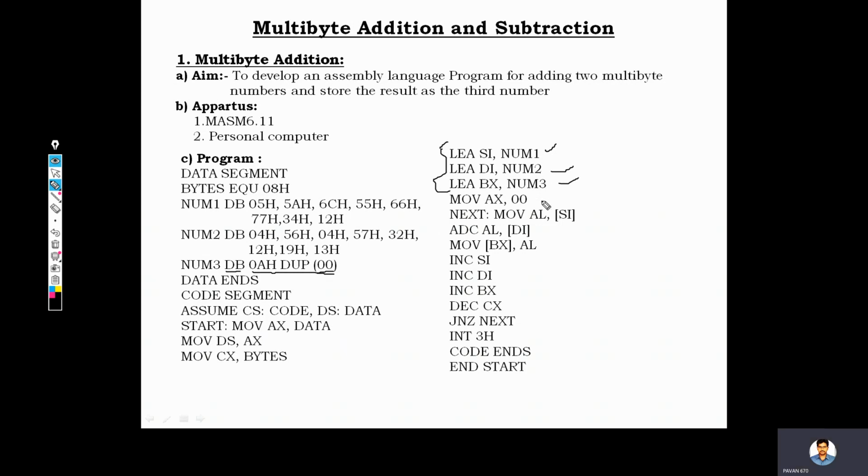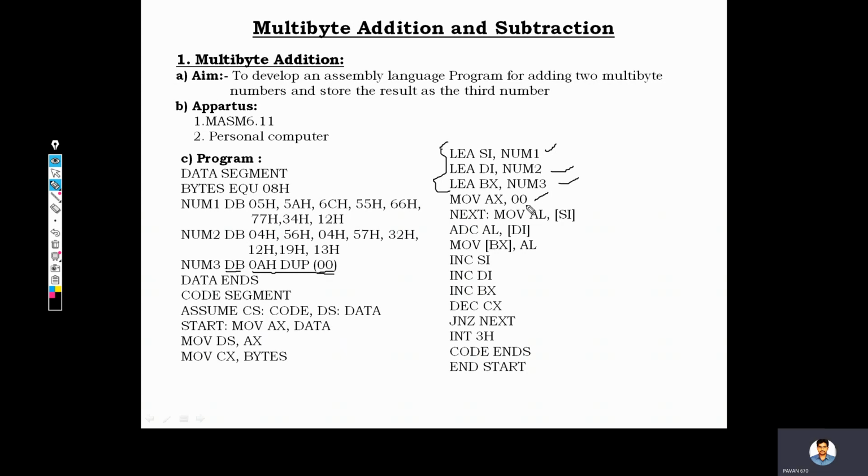So now, MOV AX, 00. Since AX was previously used for holding the data segment base address, and for any arithmetic operation in the 8086 architecture AX, which is called the accumulator, is very important, and since it already contains some value, before doing any other operation I am clearing that register.